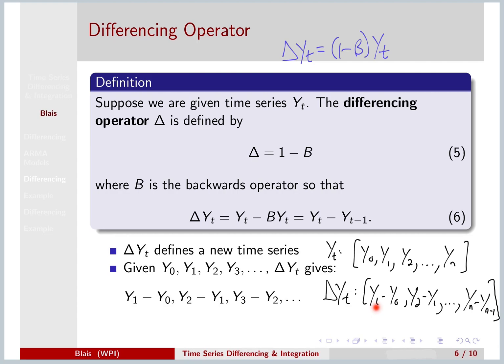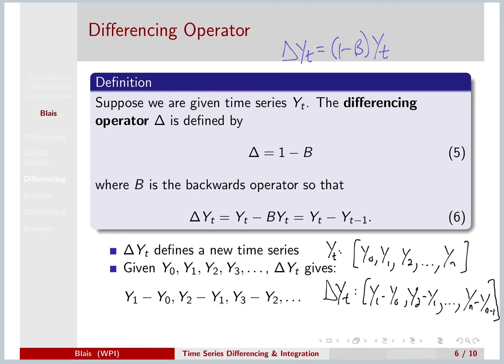If you just look at the numbering of the first y in each of these terms, y1, y2, up to yn, you have n terms. So in the y_t time series, you had n plus 1. In delta y_t, you have n. So when you have these finite time series like you're getting from data, you reduce the number of entries by 1.